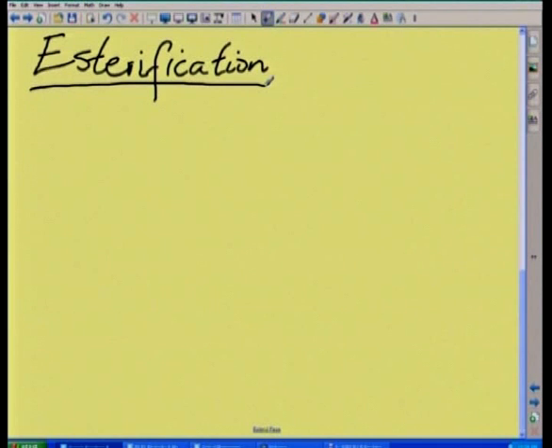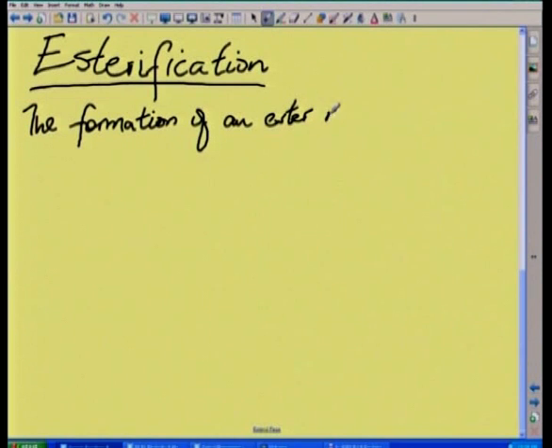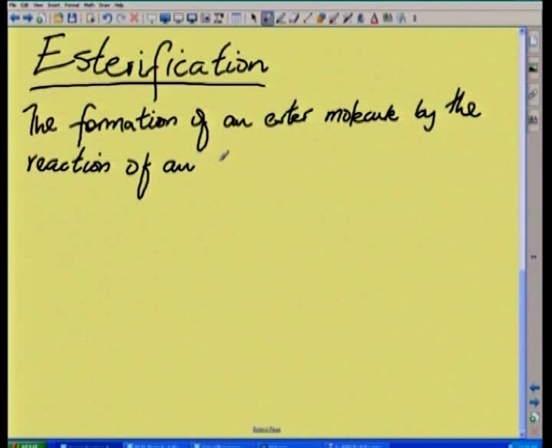Now, this is the formation of an ester molecule by the reaction of an alcohol and a carboxylic acid.